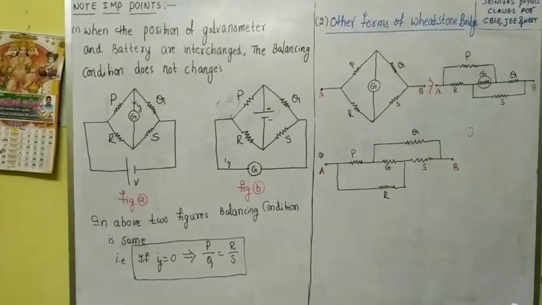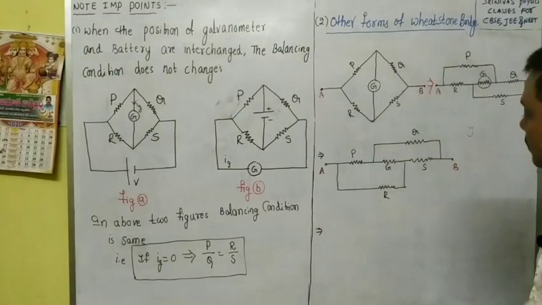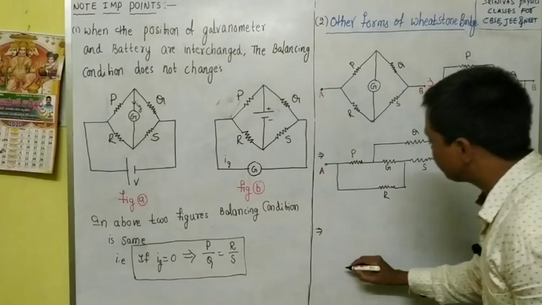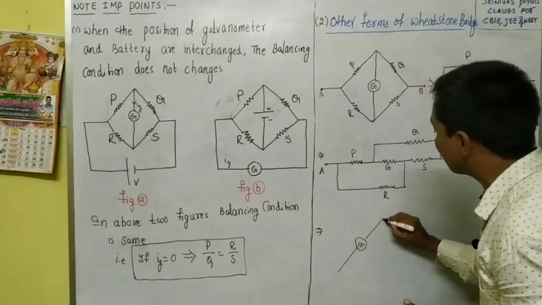One more other form of Wheatstone bridge is just like this. We can draw one triangle shape. This is the galvanometer.